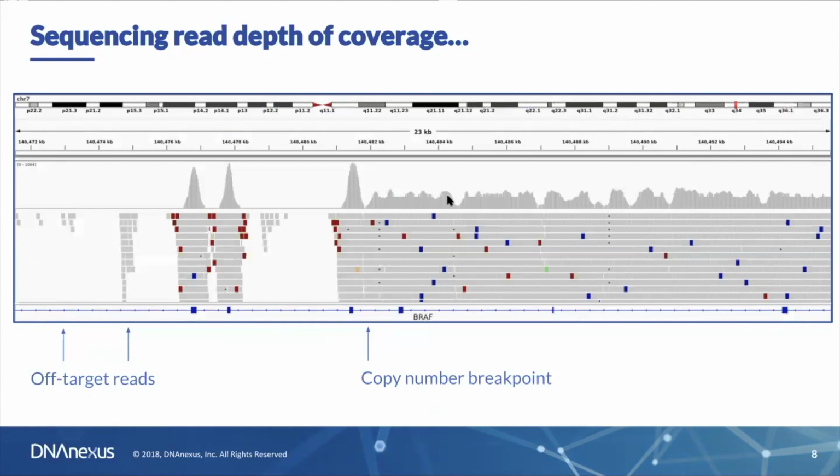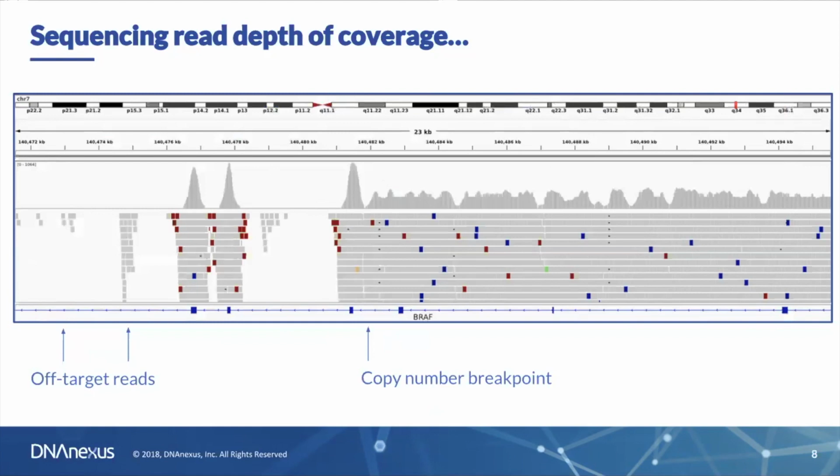But the depth of coverage here is about half of what it was at these exons on the left, which implies there's a copy number breakpoint here, and the copy number in the genome for this right half is about half of what it was for the left half. Maybe there was a loss of one half or a duplication of the other half. So that's one way to do it.